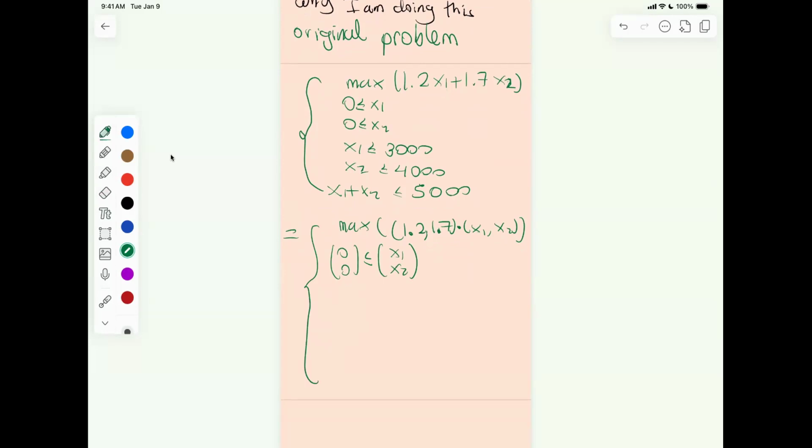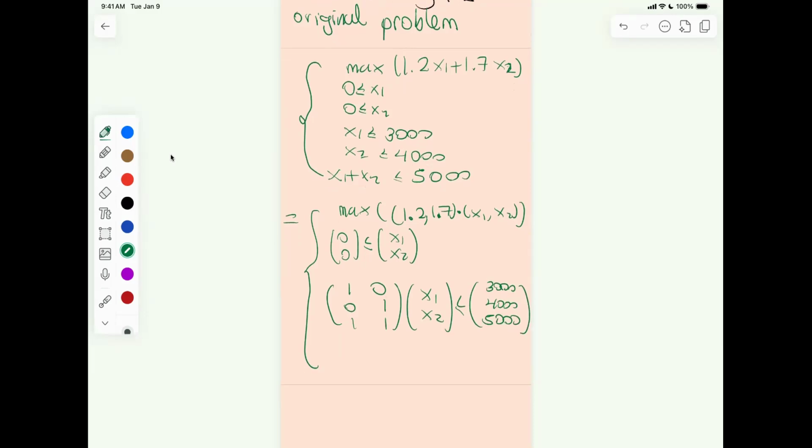The other ones you can write in matrix notation because there are three inequalities and two variables, so that gives you a 3 by 2 matrix: 1, 0, 0, 1, and 1, 1, times x1, x2, less or equal to 3,000, 4,000, 5,000.